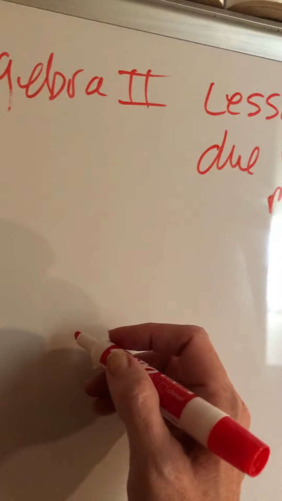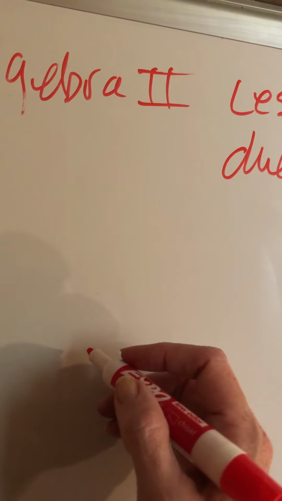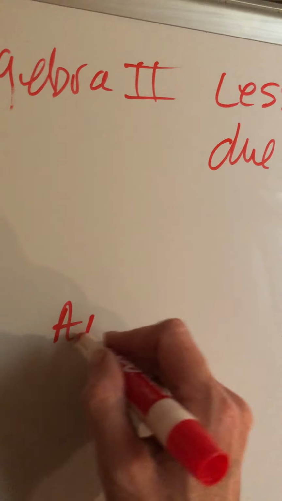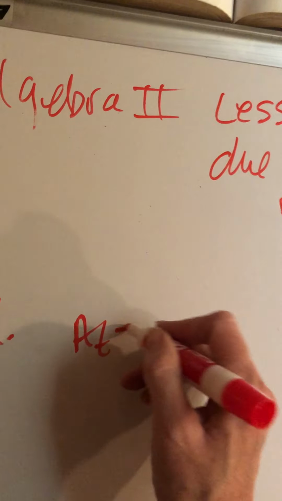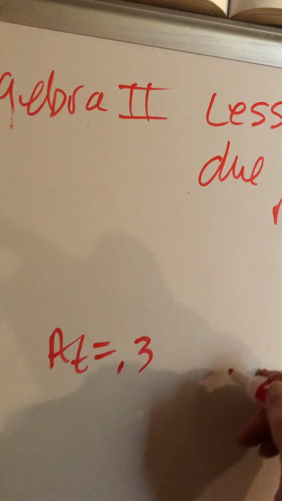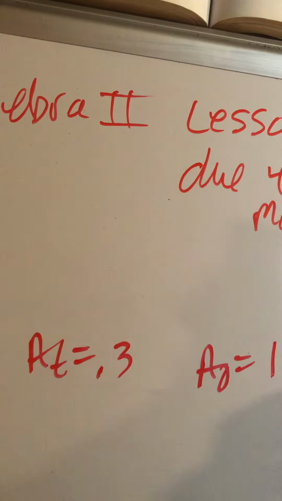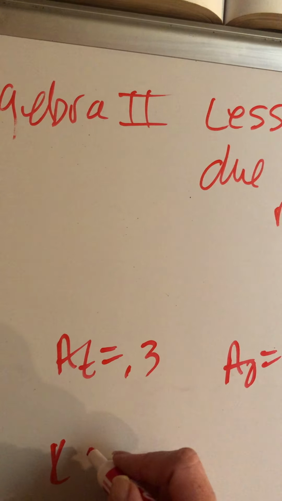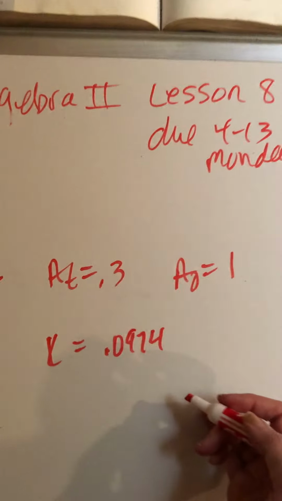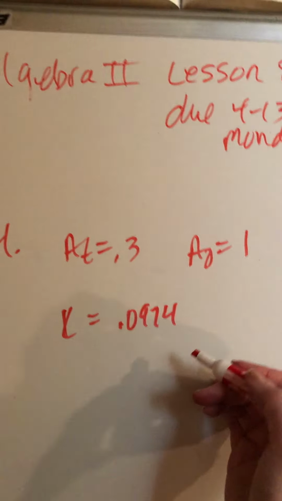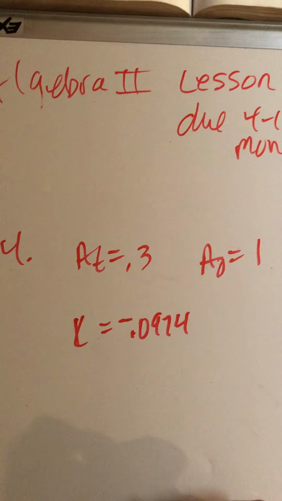Now on 24, it says you've got NT, which I hate. NT is the same as AT. So really your AT is 0.3, your AO is 1, and your K is 0.0974, which I don't like because they tell you to write a decay function. Well, if you write a decay function, K has to be negative.